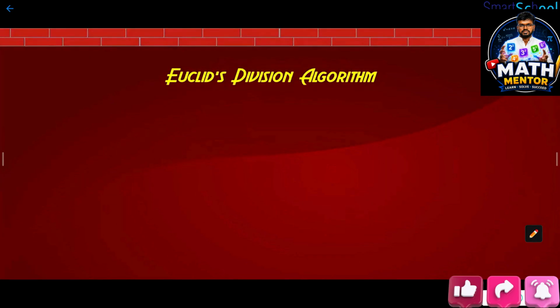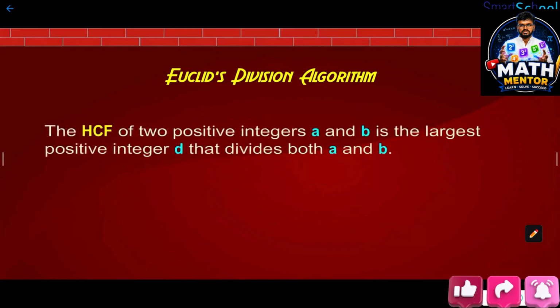Euclid's division algorithm is the method to compute the highest common factor, HCF, of two given positive integers and is based on Euclid's division lemma. Do you remember what is HCF? No, never mind, we will tell you.